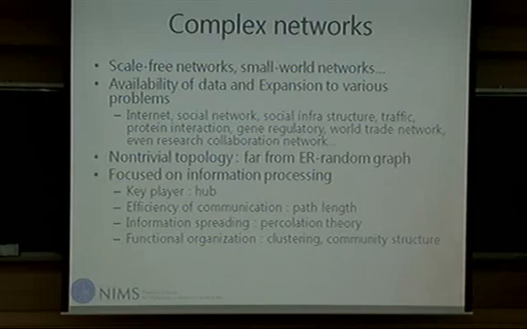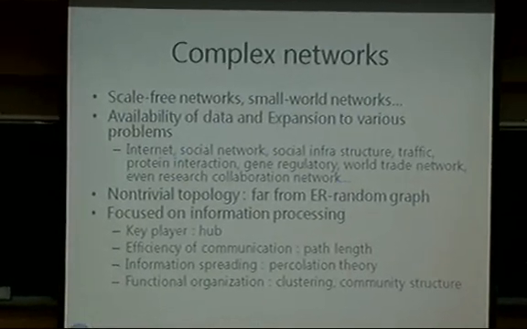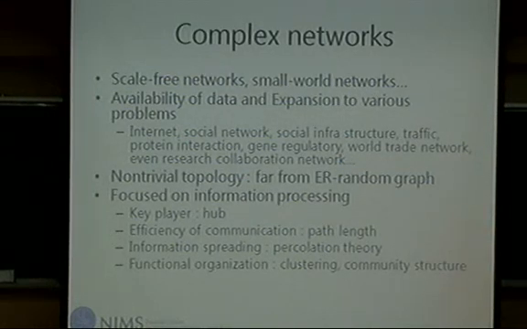To do this, I have to mention recent issues in graph theory. Because I come from the physics field, one of the biggest hot topics in graph theory is called complex networks. I think you have heard about these topics 1,000 times, so I will skip the details. I just want to summarize what they did in the past.